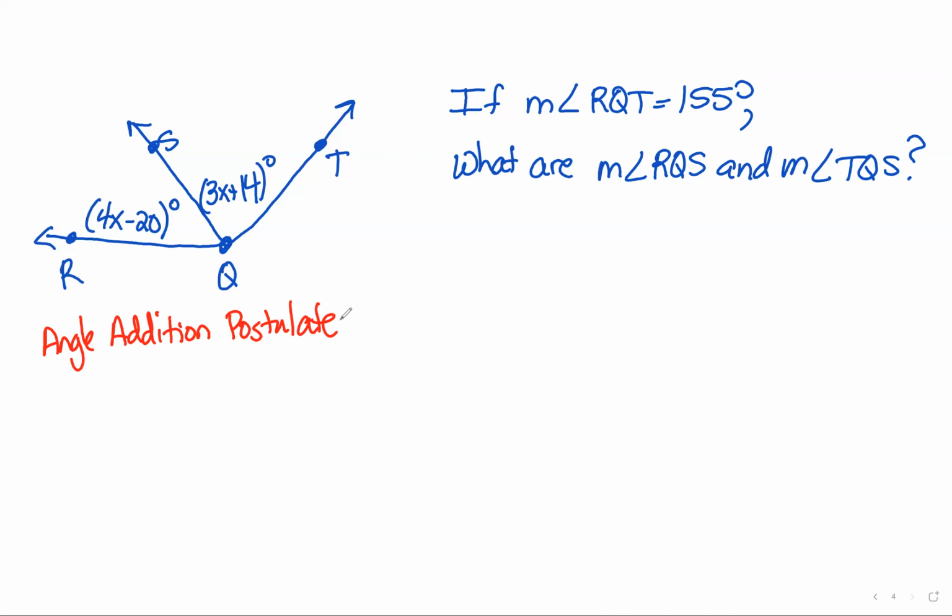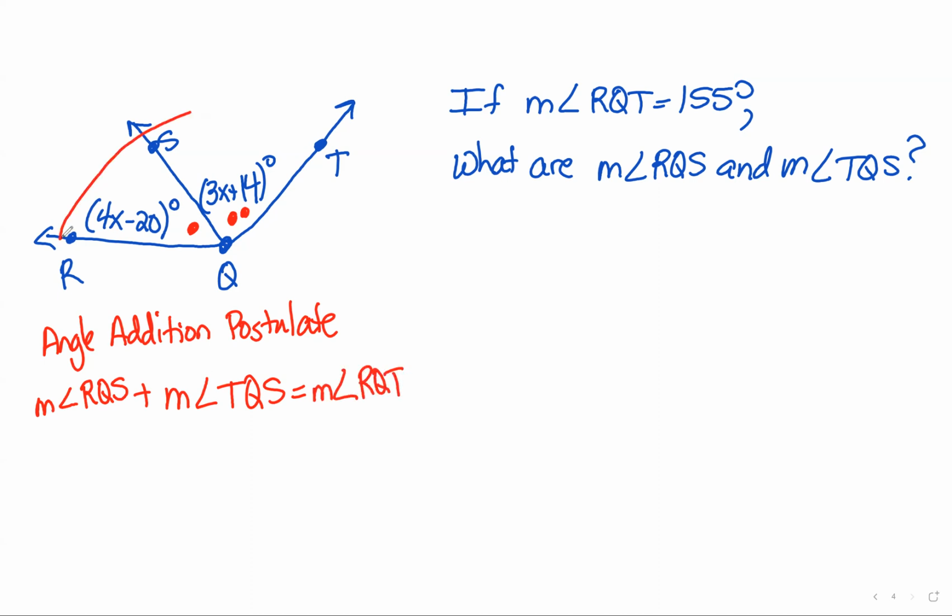So from this picture, we would say that the measure of angle RQS, that's this angle right here, plus the measure of angle TQS, that's this angle right here, would equal the measure of the larger angle, RQT.